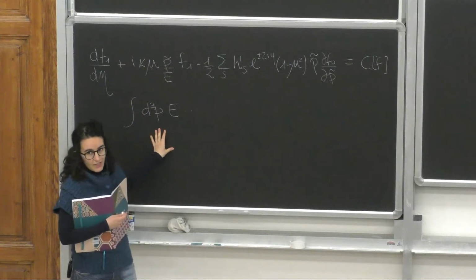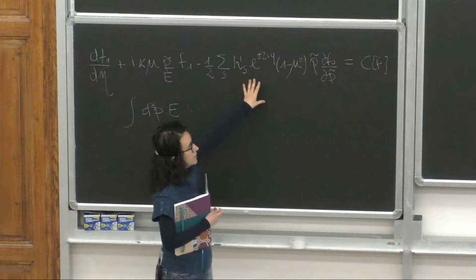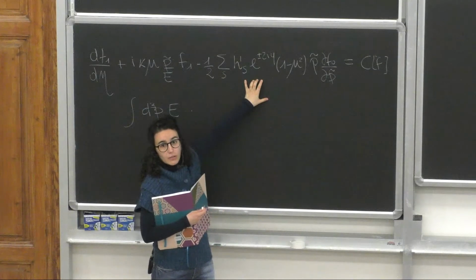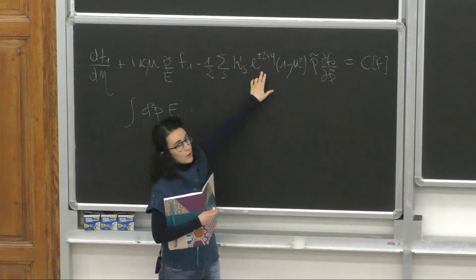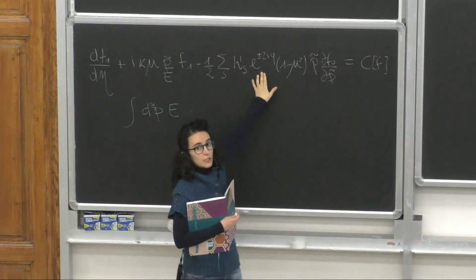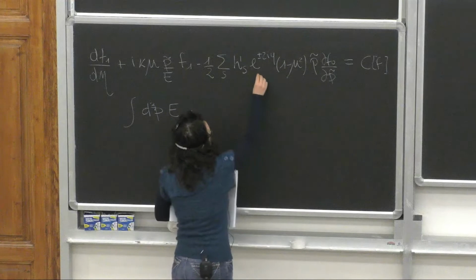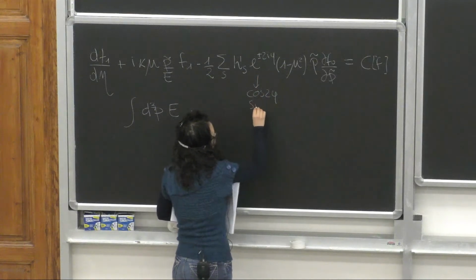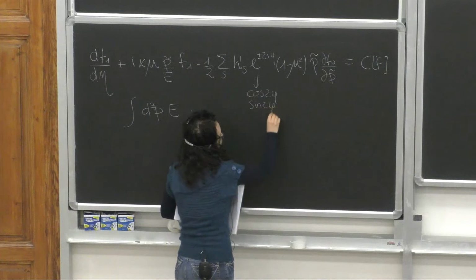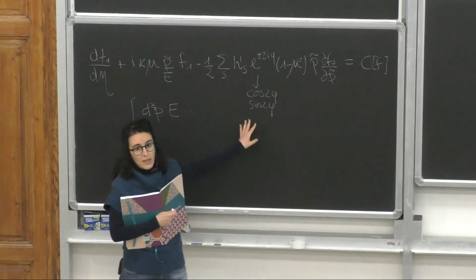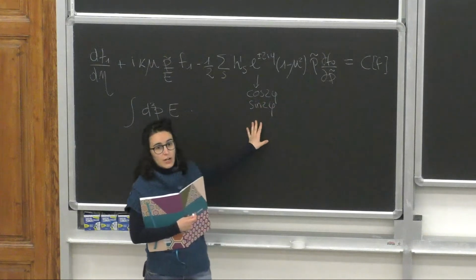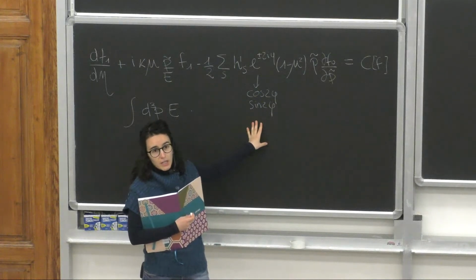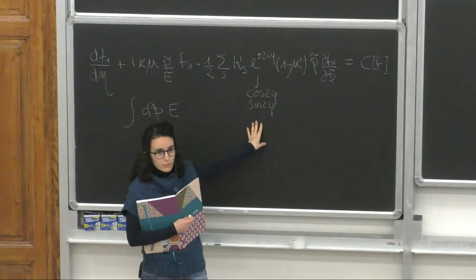Then you can easily convince yourself that when you integrate this term over the solid angle, because of this factor here, which is either cos 2 phi or sin 2 phi, you might have a vanishing integral when you apply the integration over d phi from 0 to 2 pi.